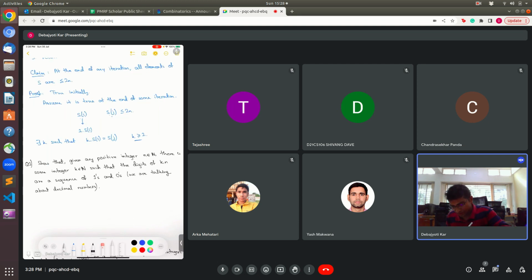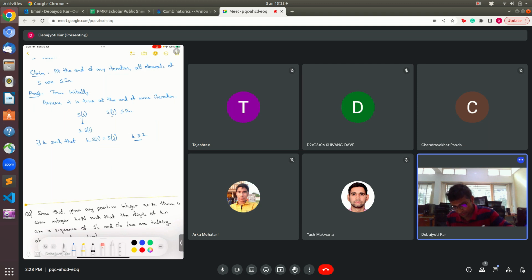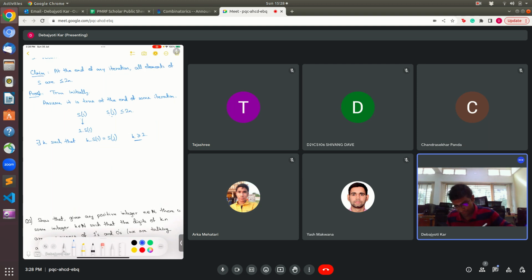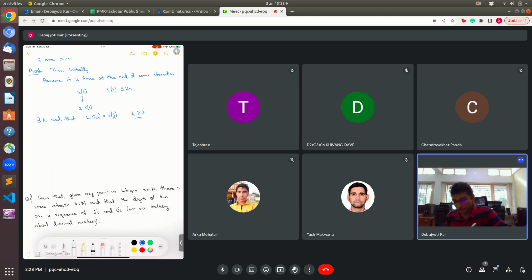But in that case, since k is at least 2, we have 2 times Si less than or equal to k times Si, but Sj was less than or equal to 2n by our assumption.